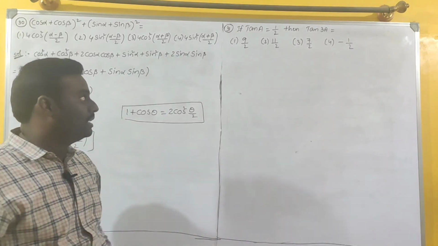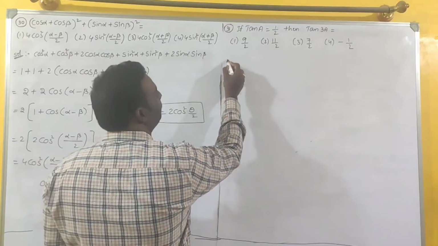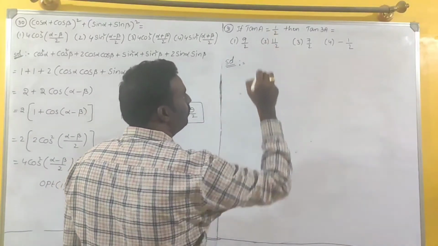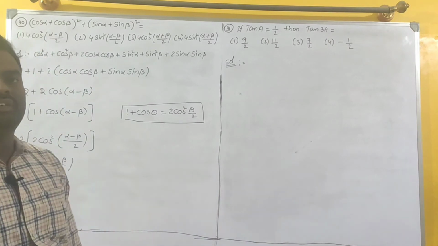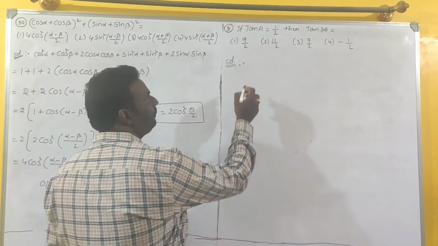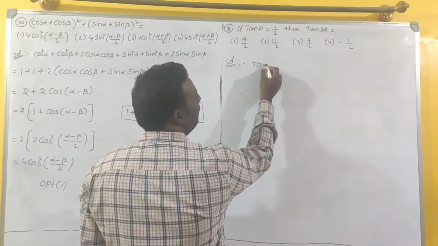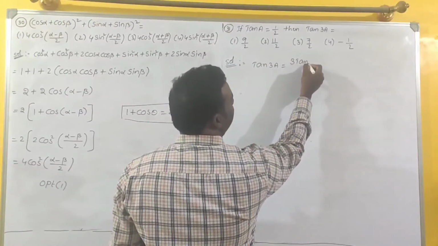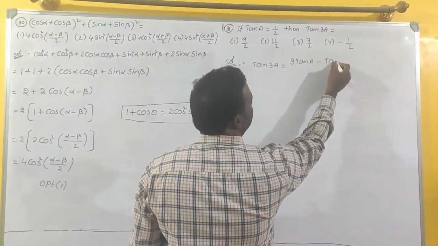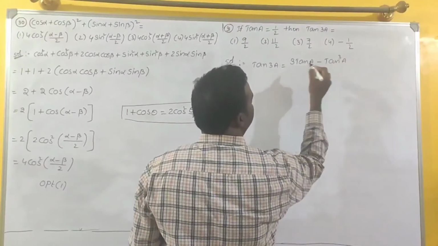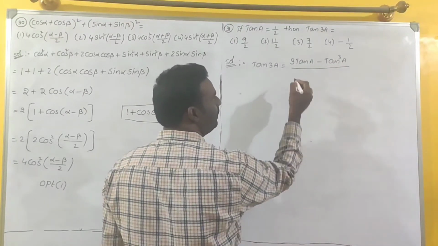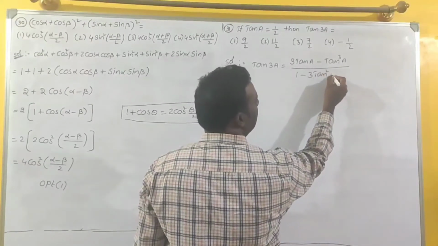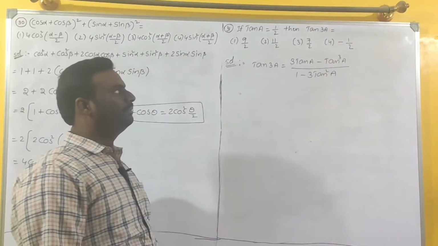Coming to question number 30. We need to find the value of tan 3a. The tan 3a formula is there in PU: 3 tan a minus tan cube a by 1 minus 3 tan square a.